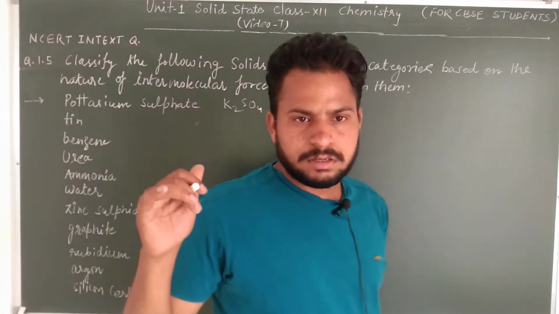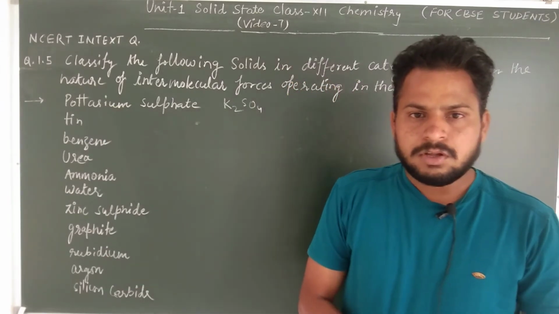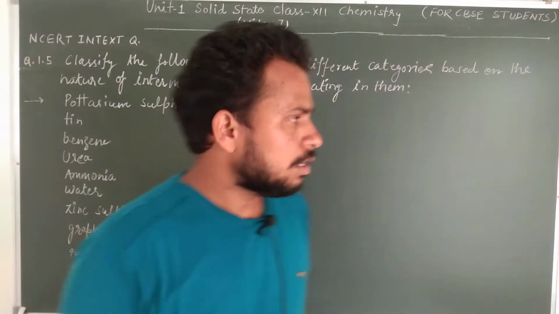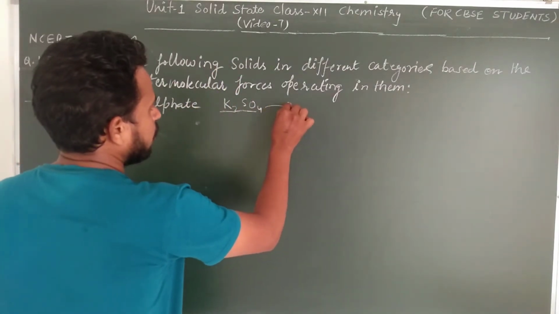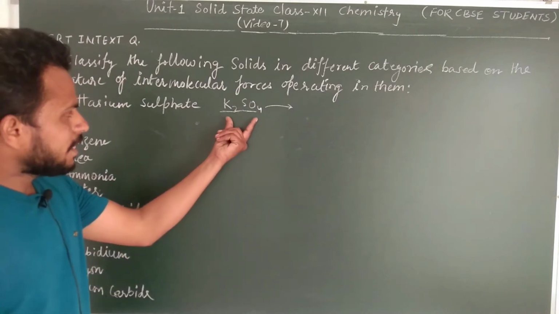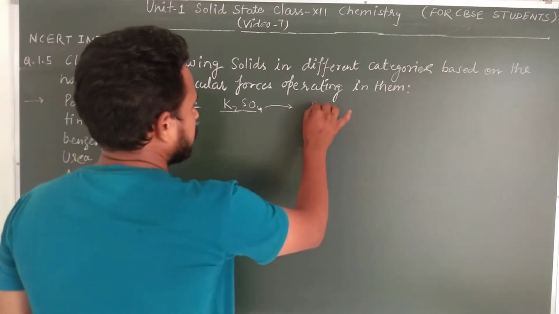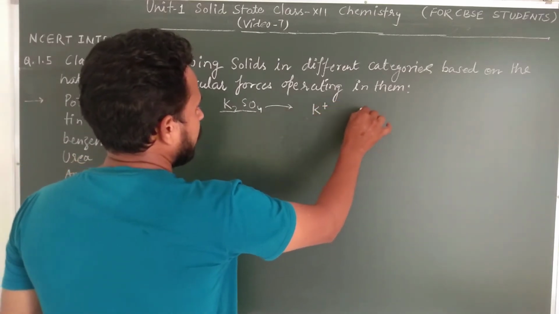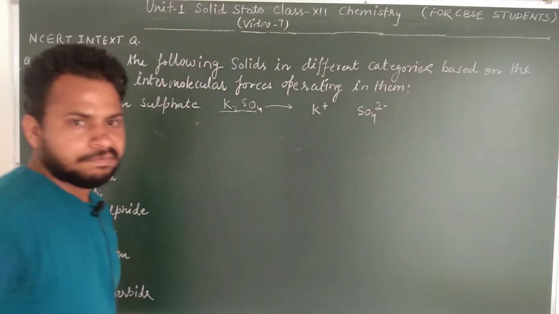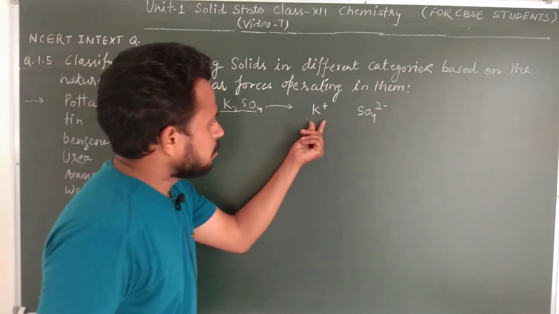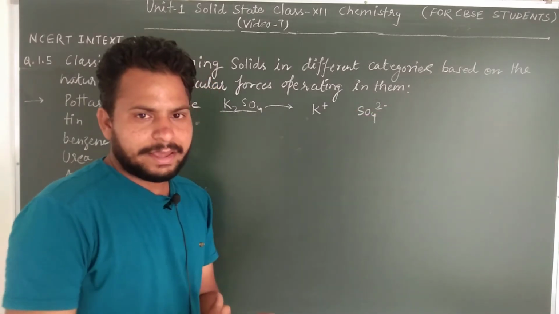K2SO4 is the formula of potassium sulfate. So in this solid we all know that it has two components, two radicals. First is K plus and second one is SO4 2 minus. So one is positive and another is negative.